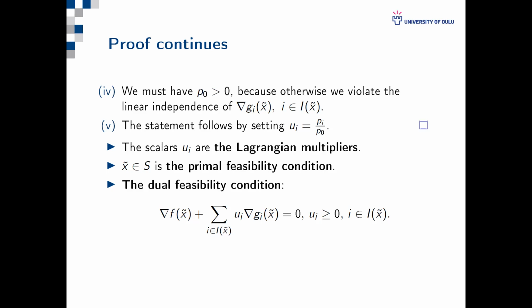Okay, what if I have inactive constraints? I put the Lagrangian multiplier 0. I can multiply any vector with 0. It doesn't change this relation.